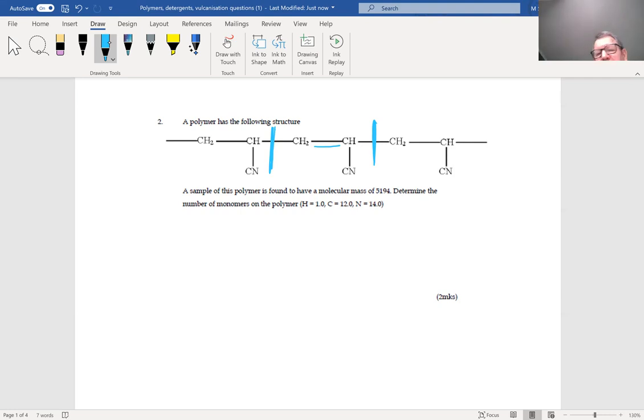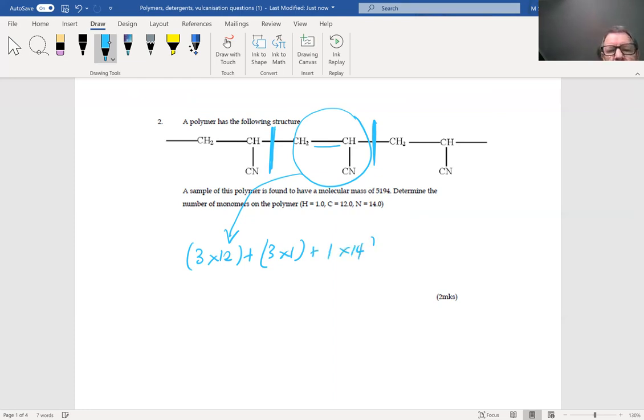So what I do is I say, okay, what does this weigh as a monomer? I do the little calculation here. I've got 1, 2, 3 carbons, so it's 3 times 12. And I've got 1, 2, 3 hydrogens. They weigh 1 each. And I've got a nitrogen, one of them, and they weigh 14 each.